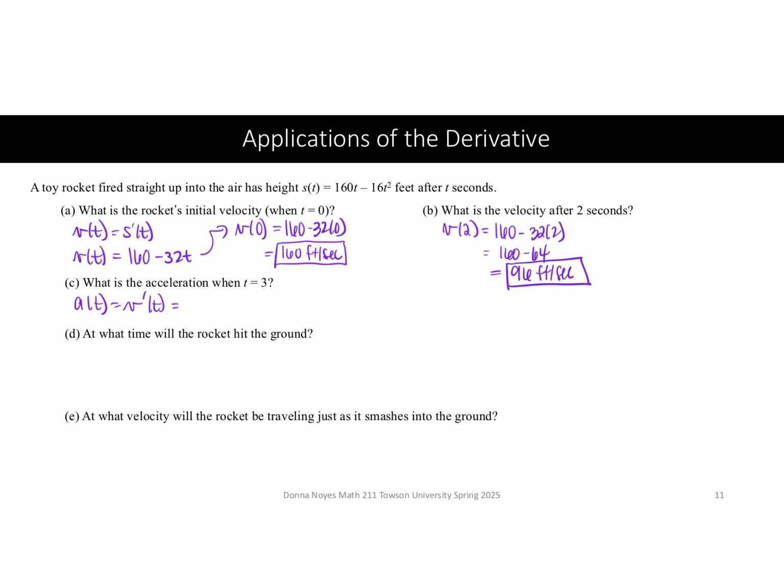Well, the 160's derivative is 0 because it's constant. So we just have our negative 32. And here's where I have to explain the units a little bit. Acceleration is in feet per second squared because it is a derivative of feet per second in terms of time. So you have another second in the denominator.